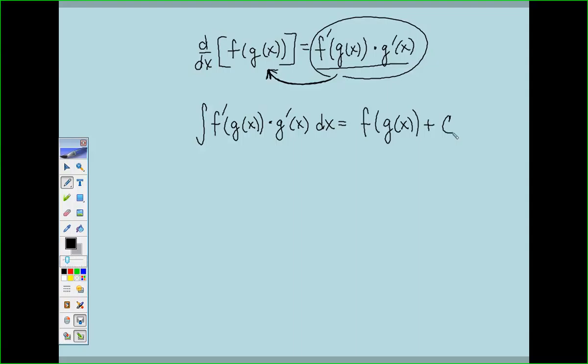Now what we're going to do with U substitution is we're going to let u equal our inside function. So say we're given this integral right here to solve. Let's let u equal g of x. So we're going to replace our g of x's here with u.